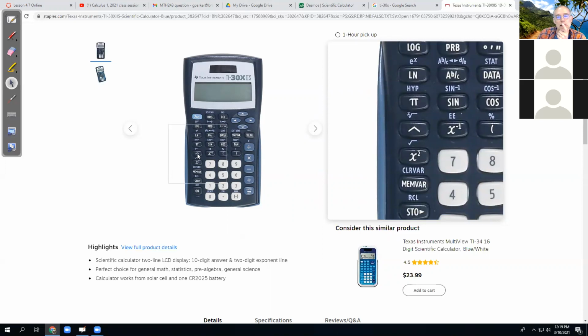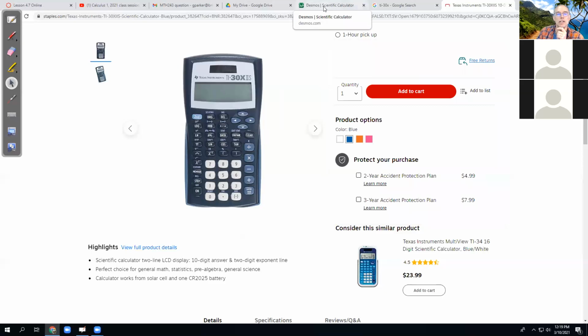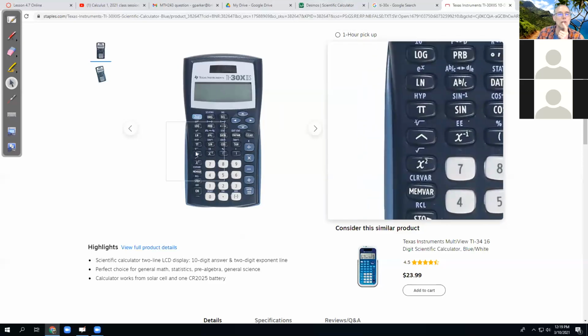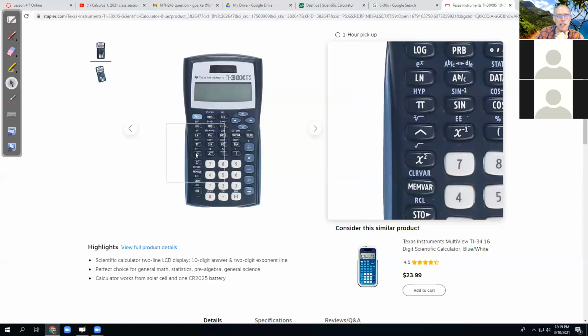Okay, it still says 6x though. That's okay. And then type 1 divided by 3. You might need to close a parenthesis. I did, and it says syntax error. Josiah, do you have a similar calculator? Yeah.